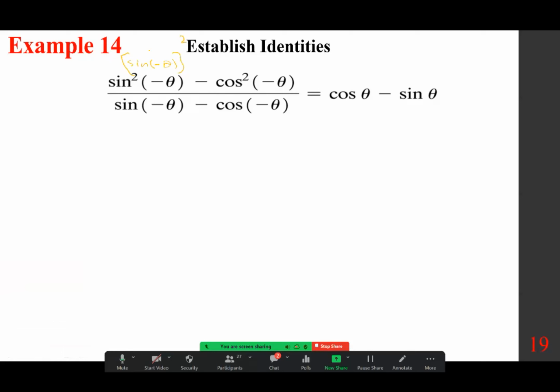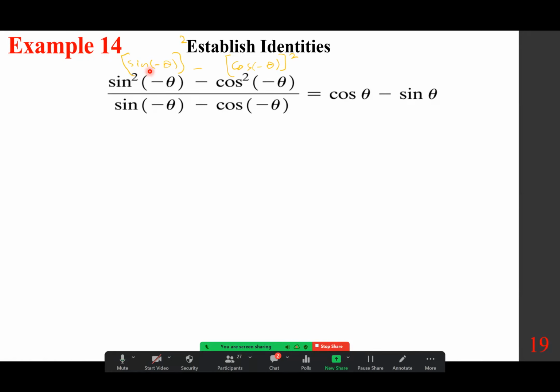And sine of negative theta equals minus sine theta. Remember, all trigonometric functions are odd functions with the exception of cosine. So what you have here is cosine of minus theta squared.